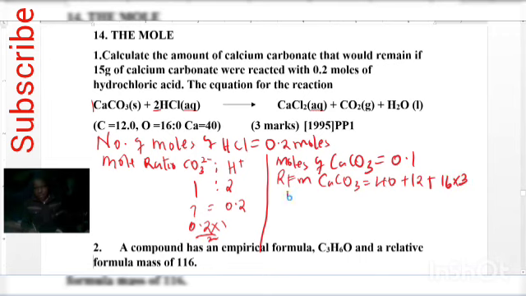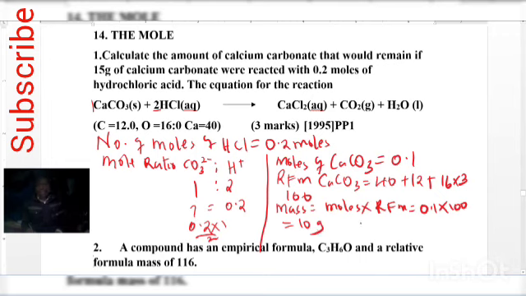This will give us 100. The RFM is 100. We are asked to calculate the mass of calcium carbonate that remained. So how do you calculate mass? Mass is equal to moles times RFM. This is equal to 0.1 times 100, and this gives us 10 grams.